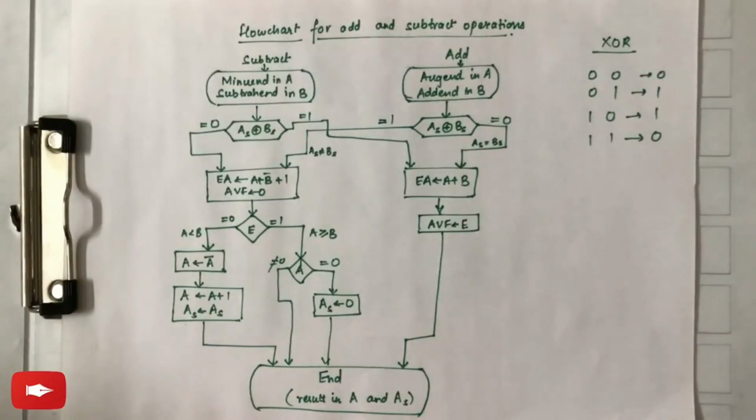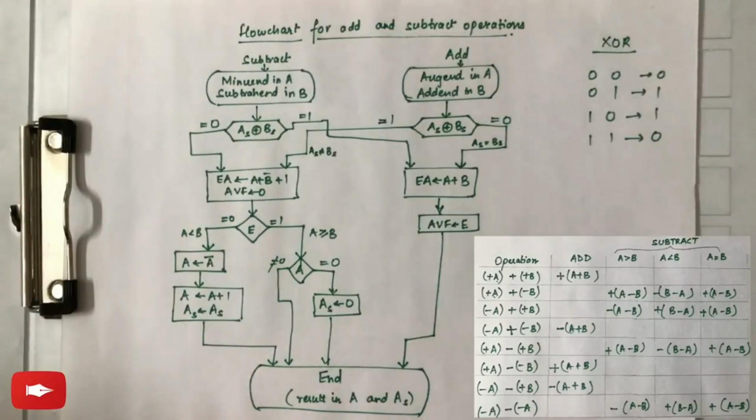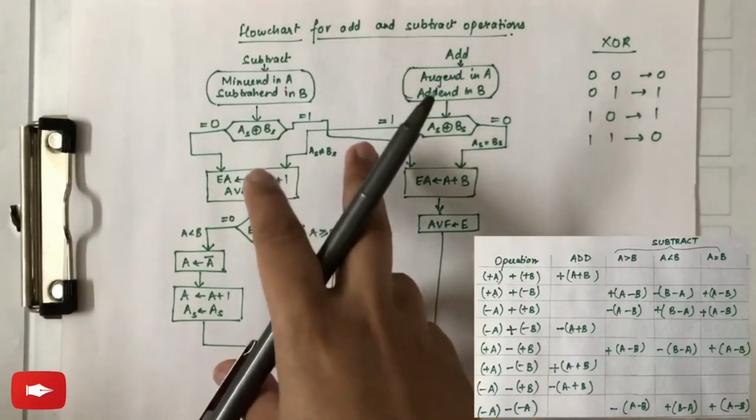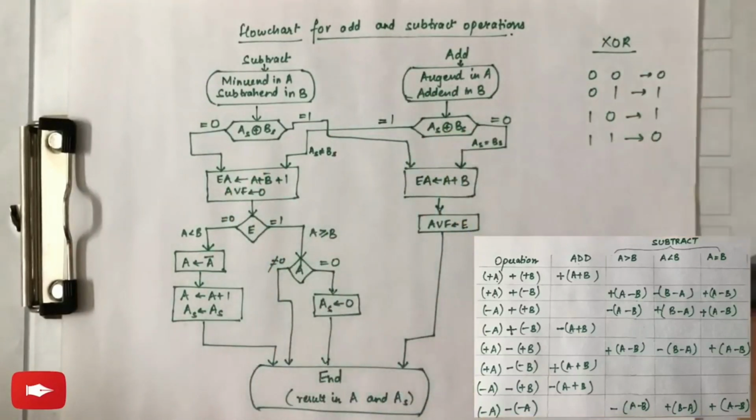If you remember, in the previous video we made a table for signed magnitude numbers, where the addition and subtraction operation actually depended on the sign of the two numbers. So in this case, to find whether subtraction or addition will be performed, we need to check if the sign of the two numbers is same or different.